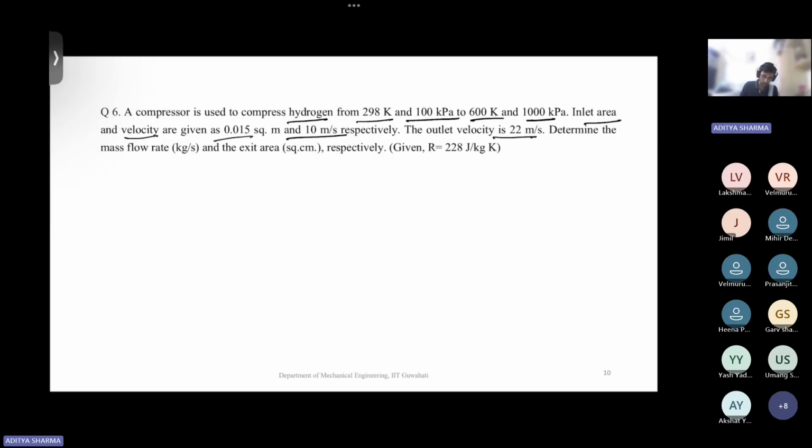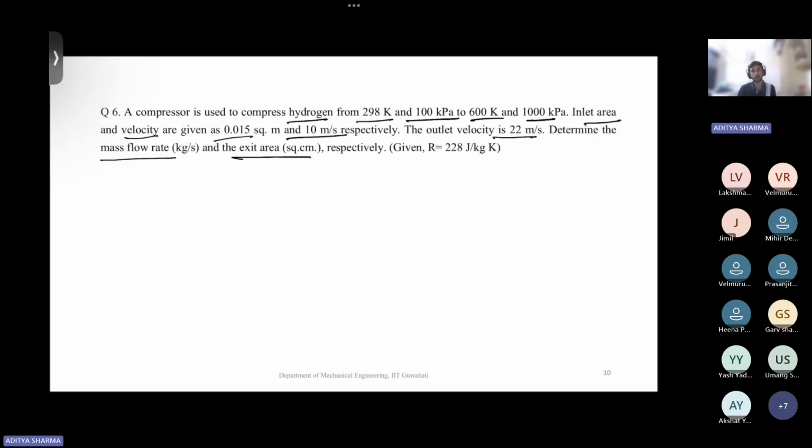You have to find out mass flow rate and your exit area. So let's do this. Pressure and temperatures have been given for your inlet and outlet.